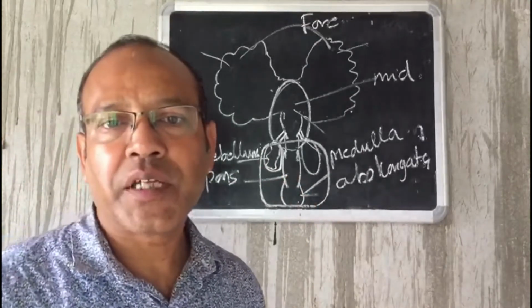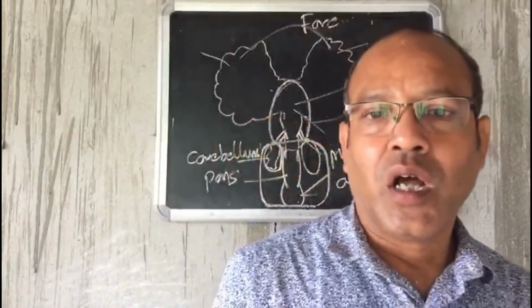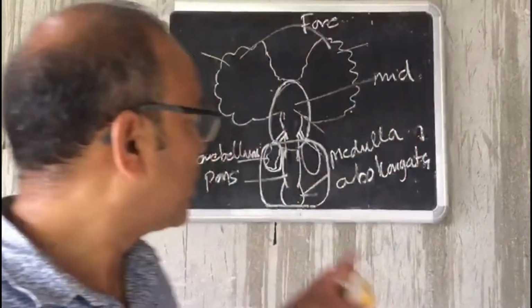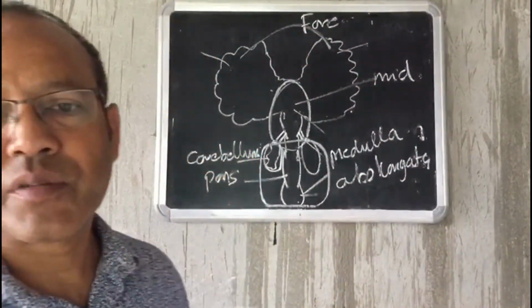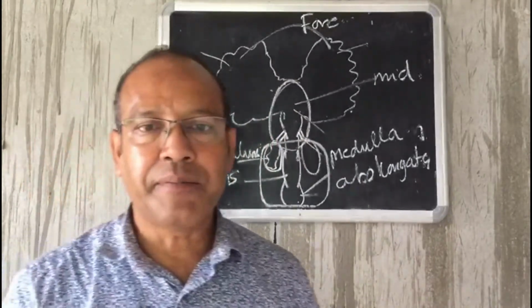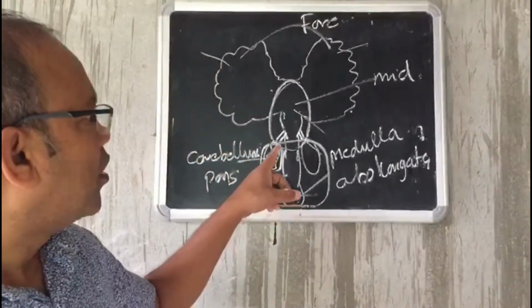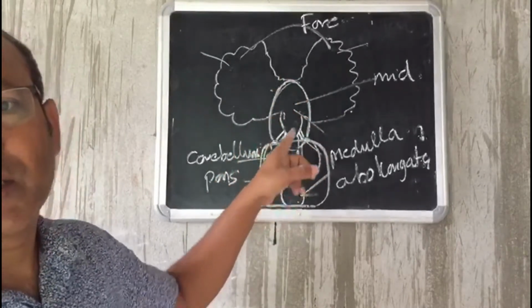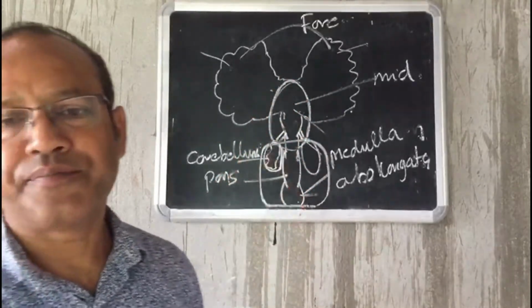These three regions make up the hindbrain. The cerebellum is the second largest part of the brain, and it is joined to the brain stem by a structure called the peduncle, which comes into the midbrain.